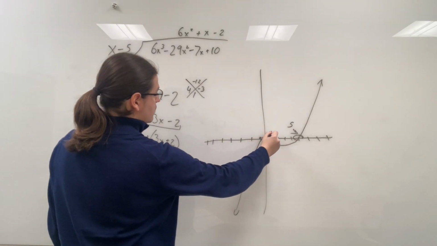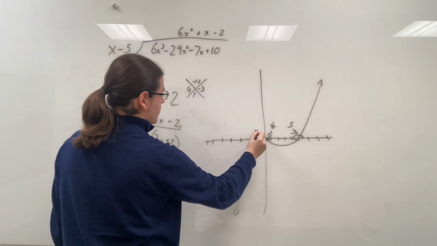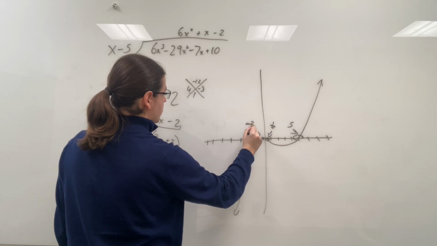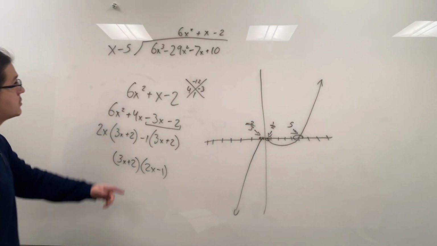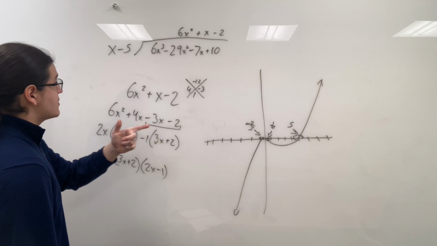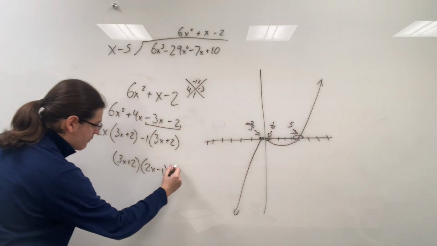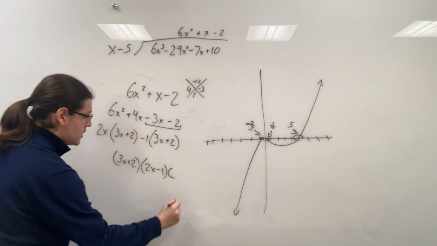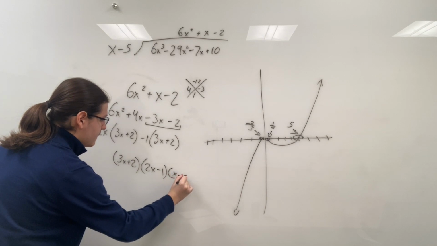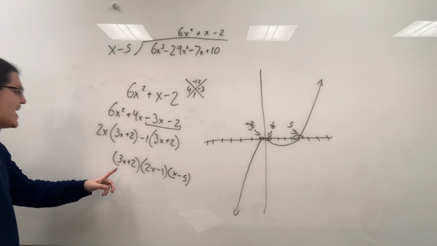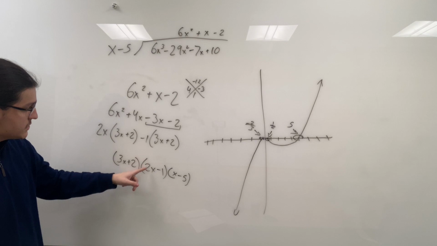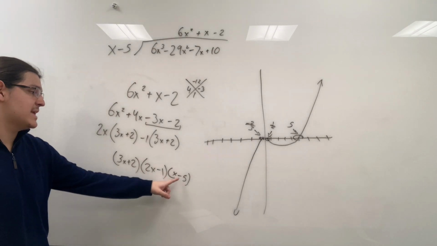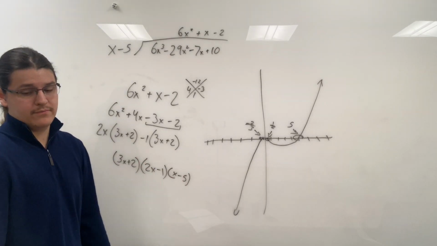So let's write down 1/2 and minus 2 over 3. So completely factored out, our full function, now simplified, reads as 3x plus 2 times 2x minus 1 times x minus 5.